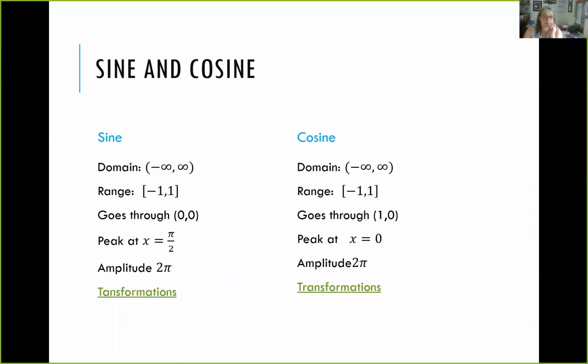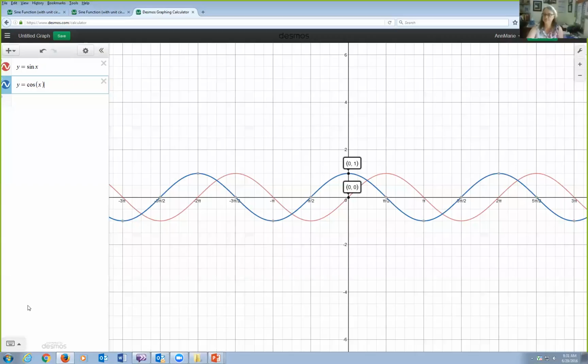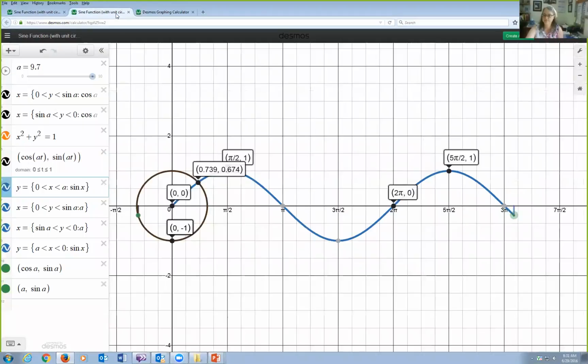They both have the same range and domain. Cosine, however, because it is shifted, turns out to be an even function. Let's go back out to Desmos and remind ourselves what that means. So I want to just look at cosine.